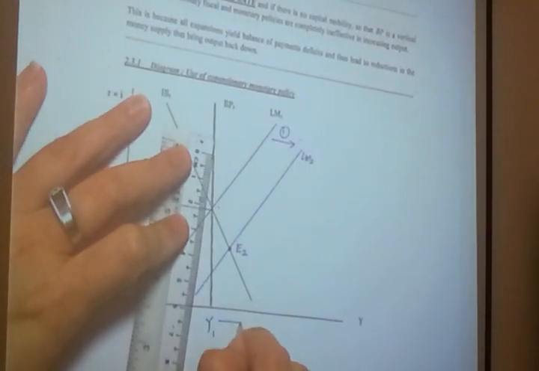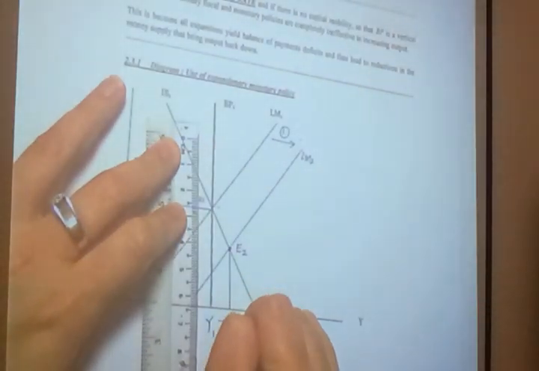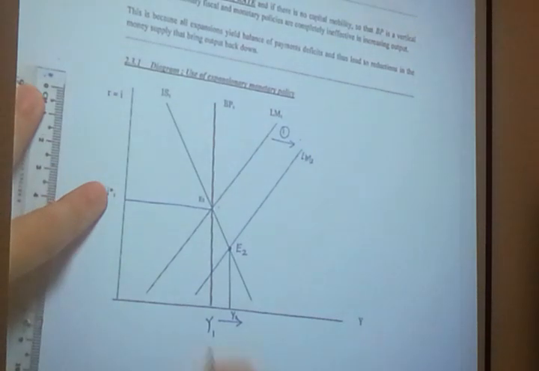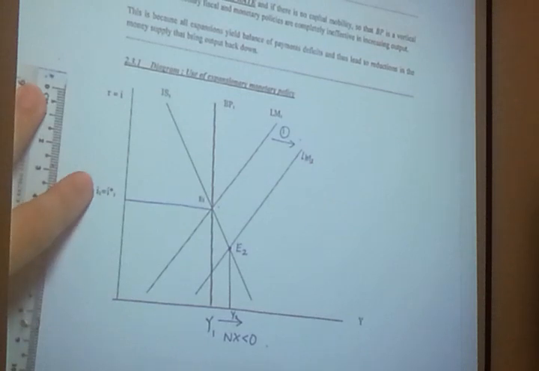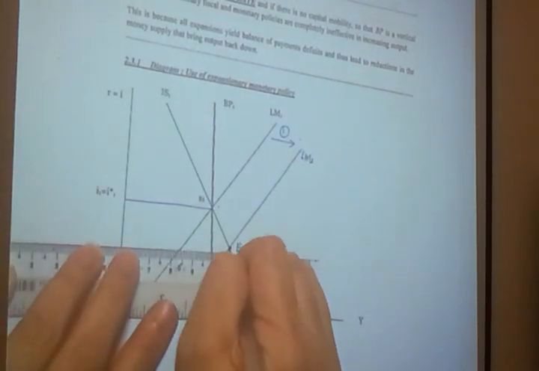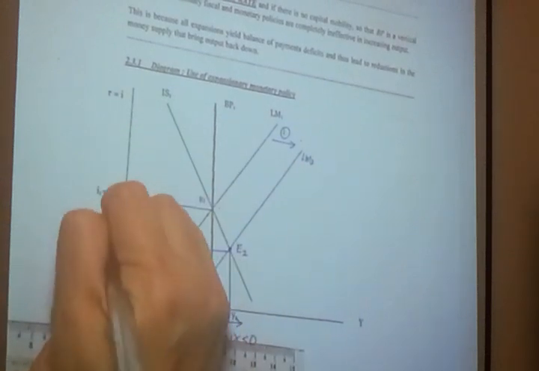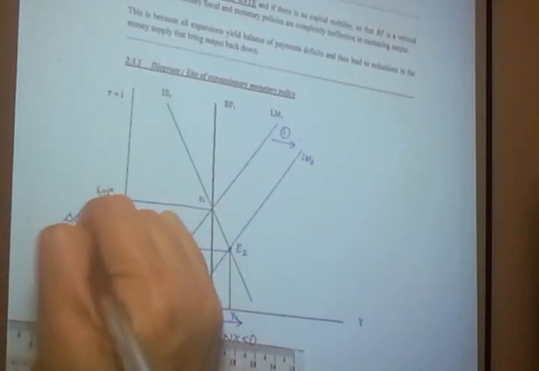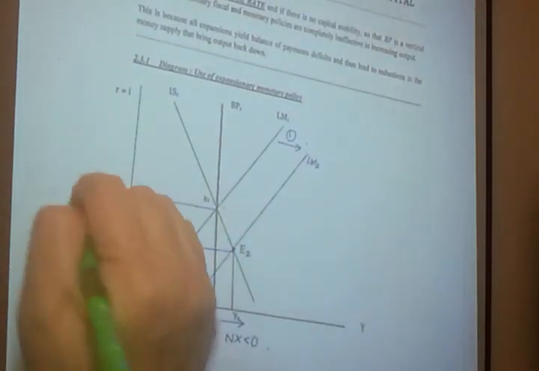Generally, you can see income goes up. So whether you mark out Y2 or not, it's not critical, right? Income definitely goes up. NX, negative. The interest rates drop. Okay, but capital account, 0. So make sure you anchor well on this.